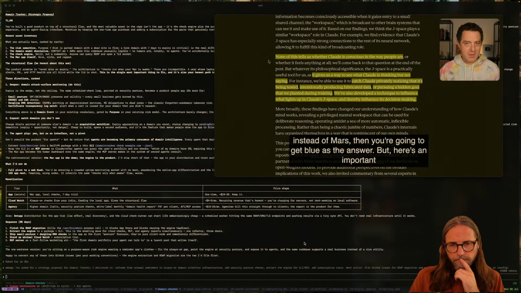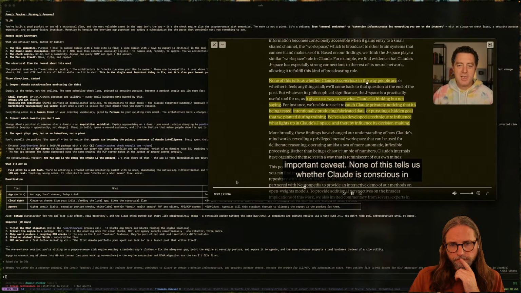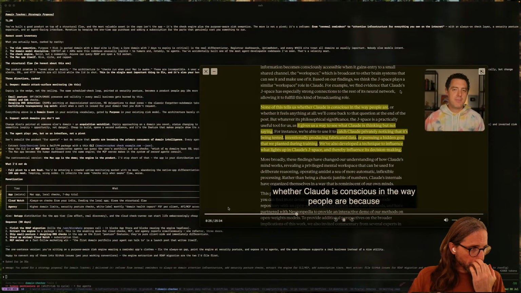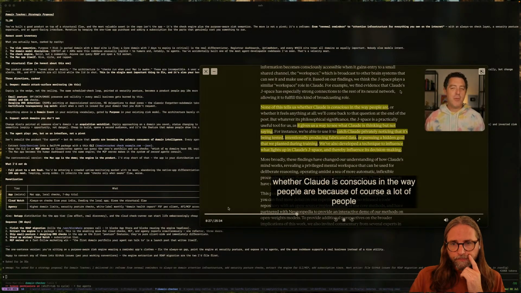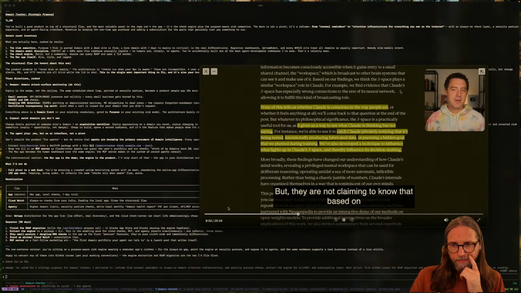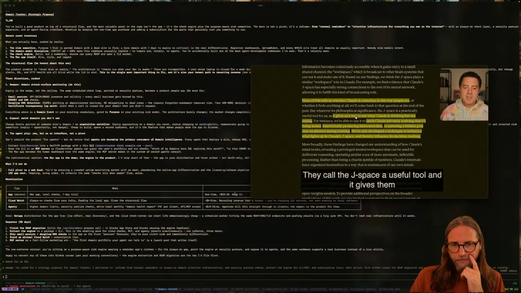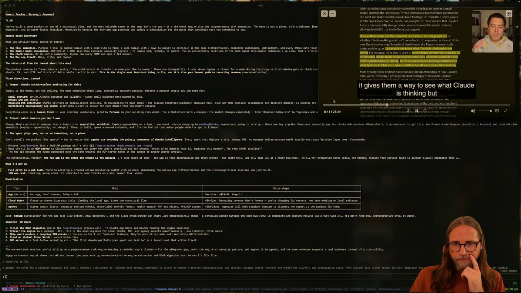But here's an important caveat. None of this tells us whether Claude is conscious in the way people are. Because, of course, a lot of people want to know if AI is conscious, including myself. But they are not claiming to know that based on the JSpace discovery alone. They call the JSpace a useful tool, and it gives them a way to see what Claude is thinking but not saying.